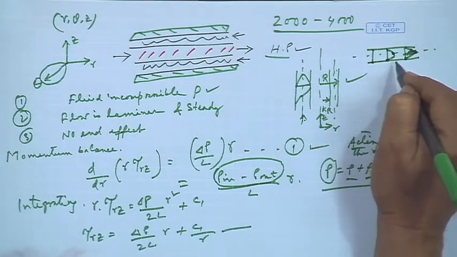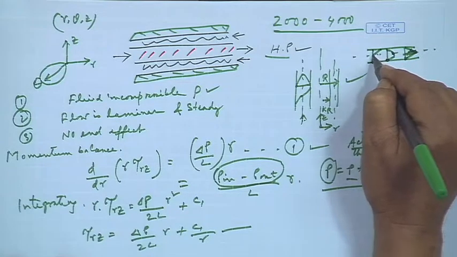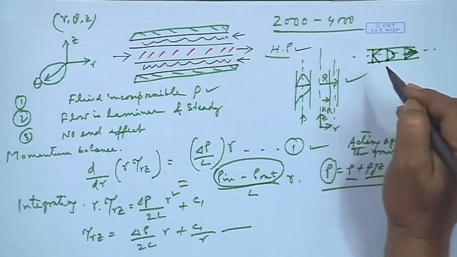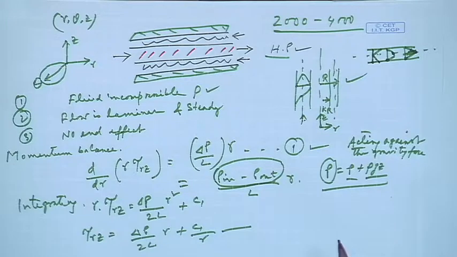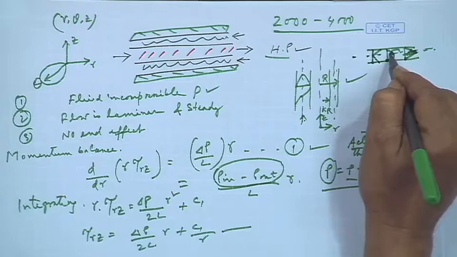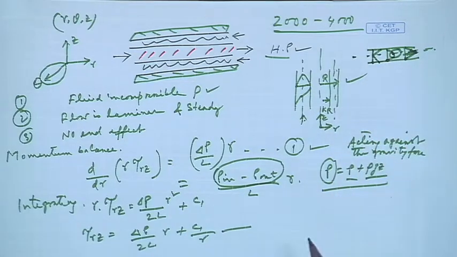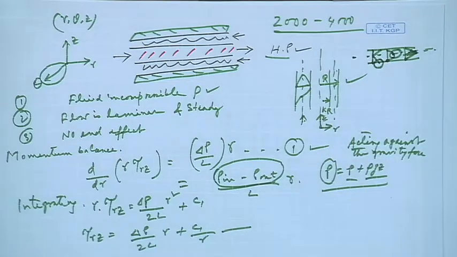So, in that case we knew that at the center the velocity is maximum and at the surface the velocity is minimum.